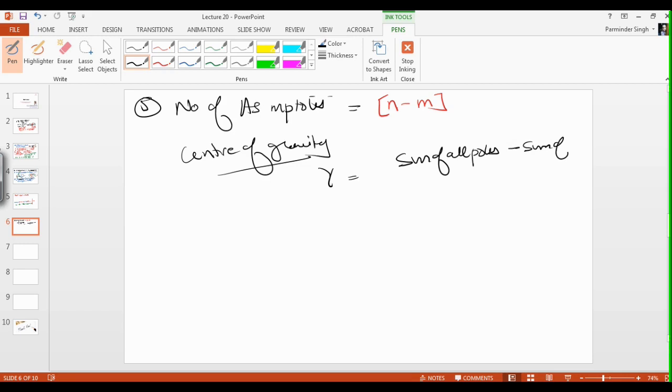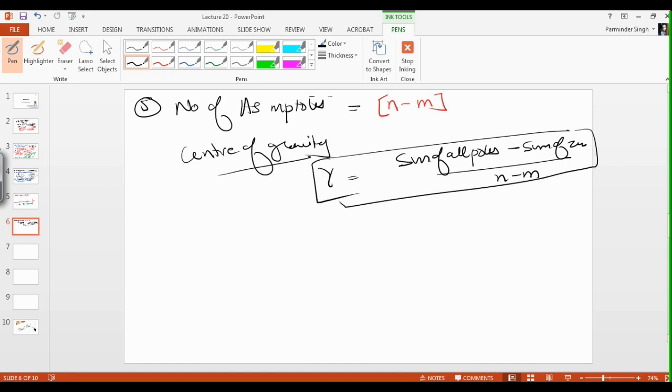Whatever value comes out to be, that will be your center of gravity. Clear? Some other books refer to it as sigma a. It's nomenclature, nothing else, but the formula remains the same. The center of gravity is the sum of all the poles minus the sum of all the zeros over n minus m.